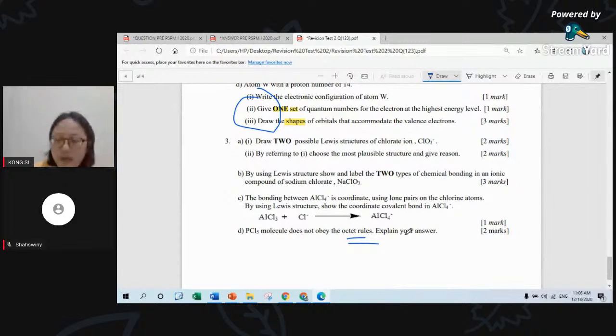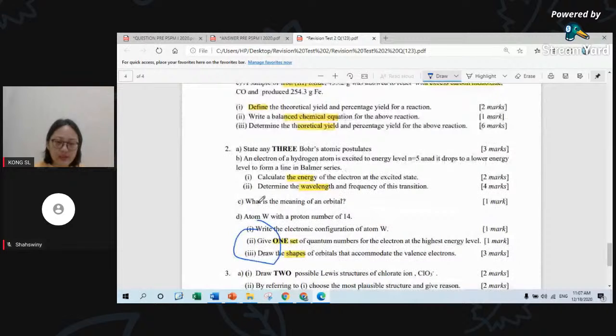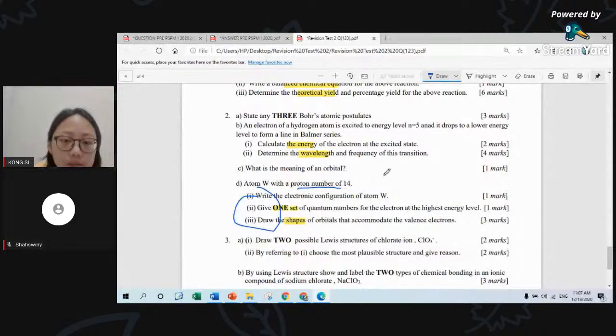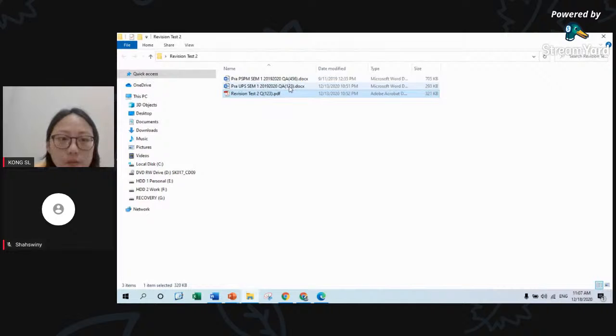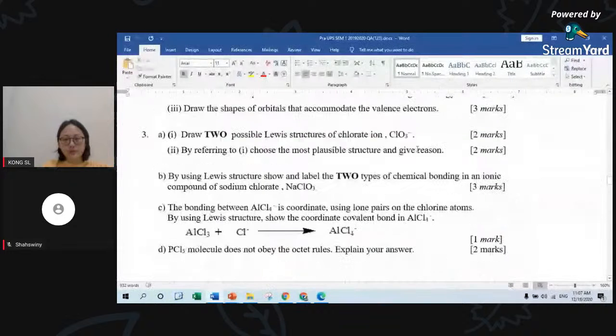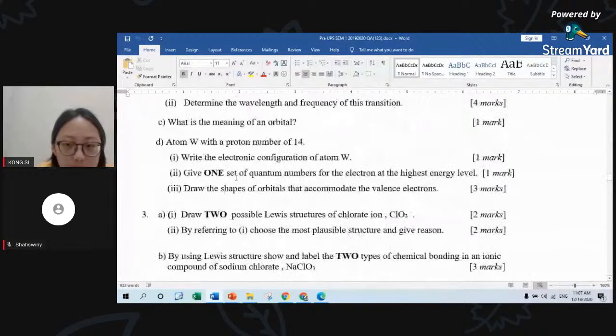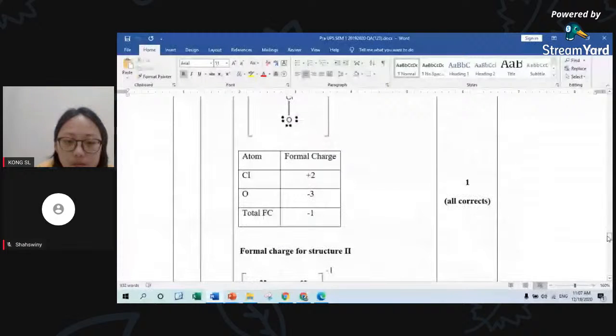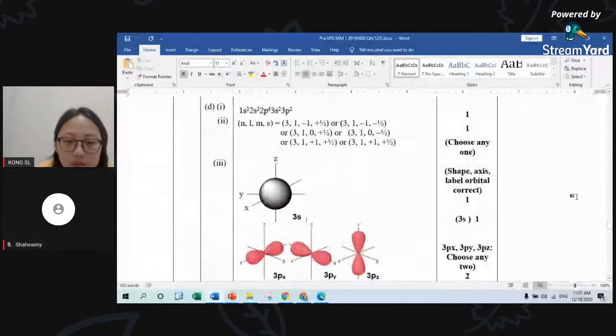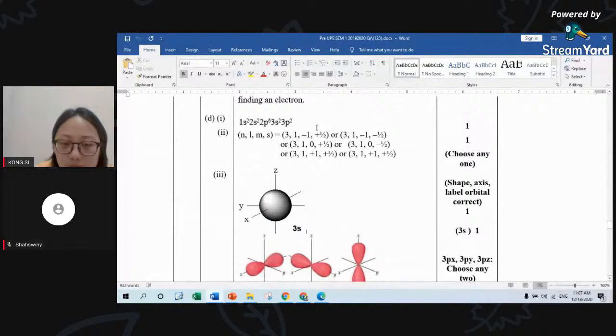Okay, so we discuss the last question, 2D. The proton number is given, and the question is just one set, and then the highest energy. Then draw the shape of the orbital. So you just need to give one answer, either one.